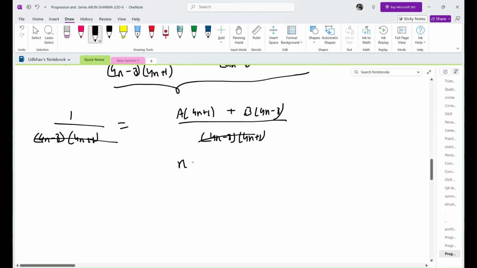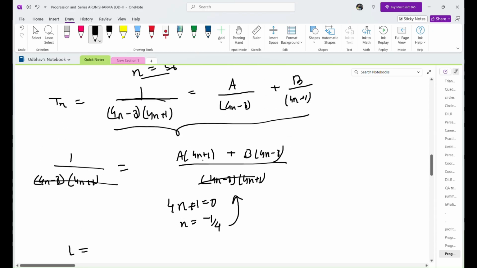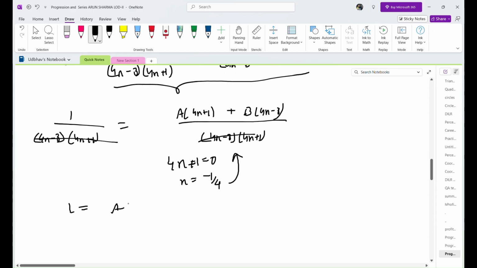When we make this 4n plus 1 equal to 0, and 4n plus 1 equals 0 when n equals minus 1 upon 4. So we'll put n equals minus 1 upon 4 in this whole equation and we'll get, now this thing will be 0 plus B into 4 into minus 1 upon 4 minus 3.